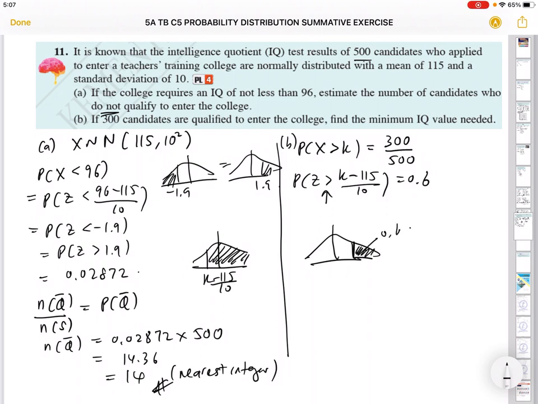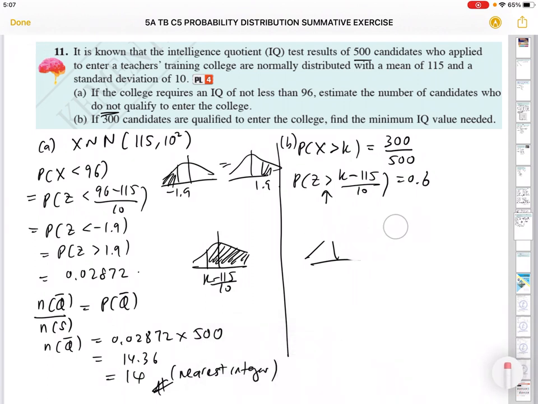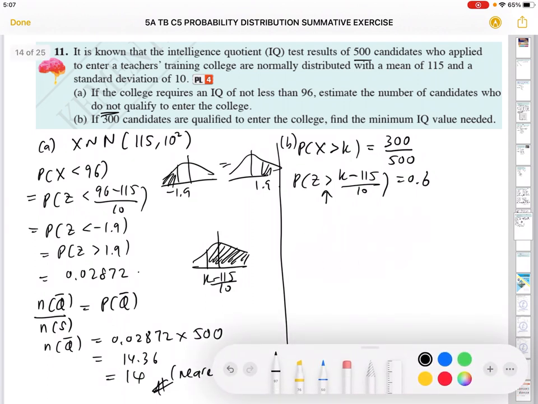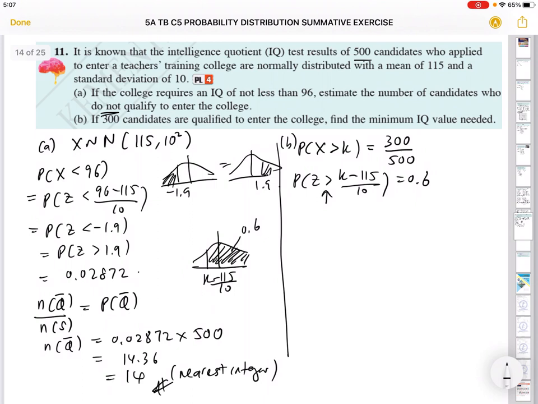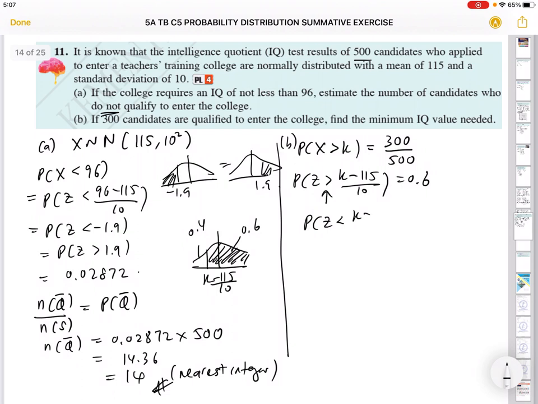Okay, so if it's more than half, we have to do a 1 minus. I write here, z less than K minus 115 over 10 is now 1 minus 0.6, which is 0.4. Now, if this is 0.4, we have to read from the mathematical table. The problem is your mathematical table is based on the upper tail. When this is 0.4, this is 0.253.